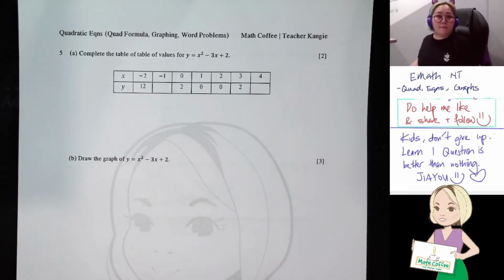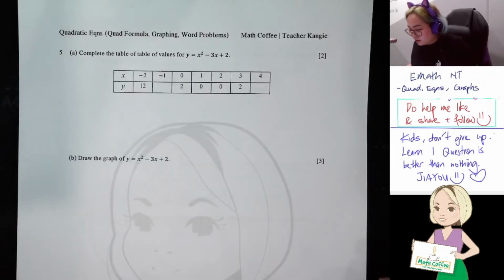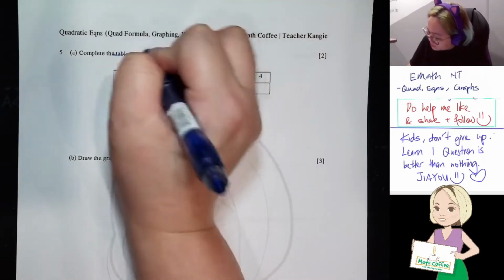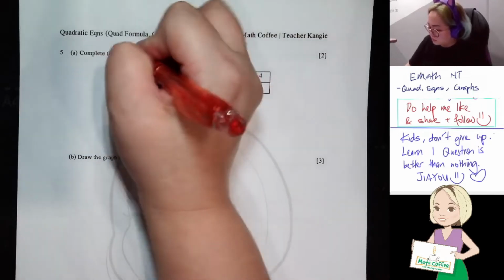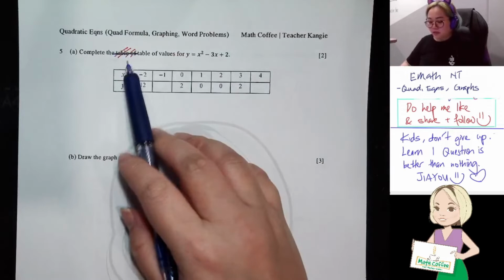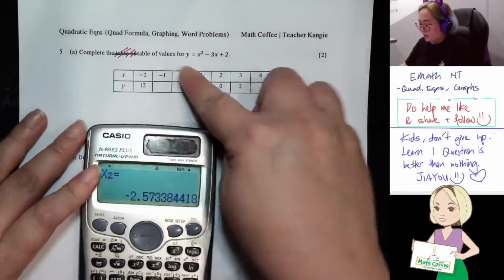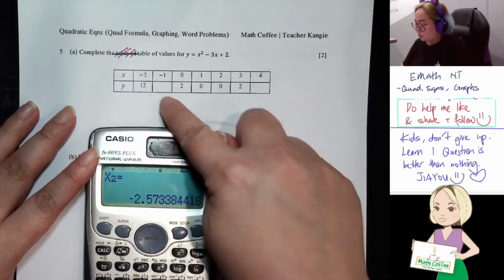Over here they say complete the table of values. Here you see complete the table, y equals to blah blah blah. Here got missing 2 terms.